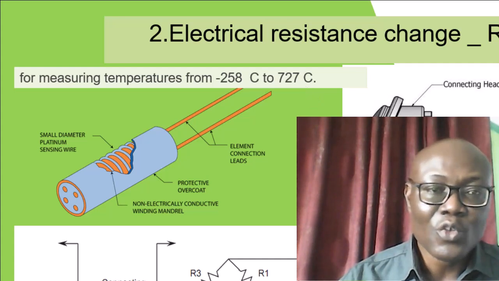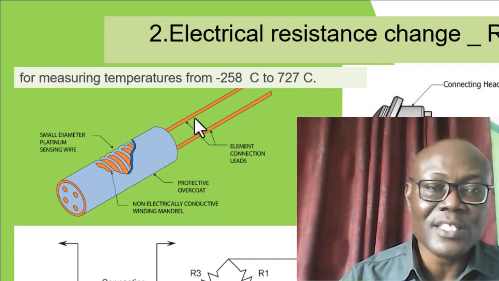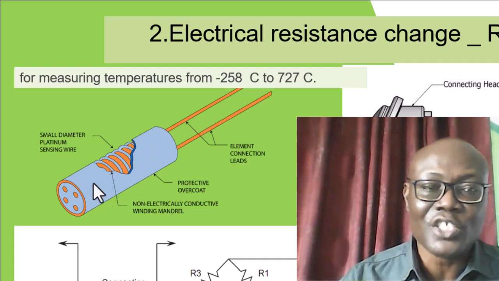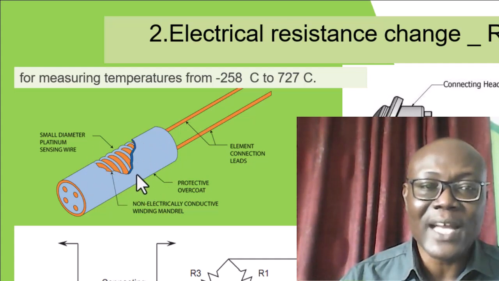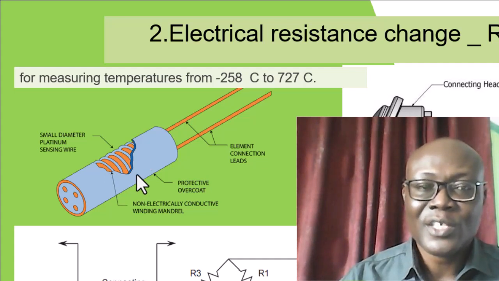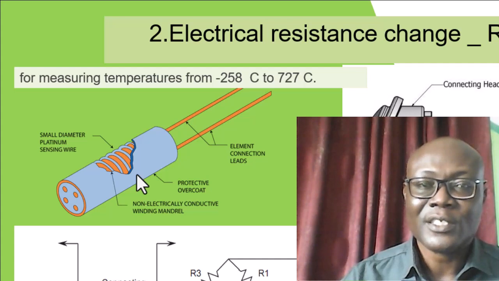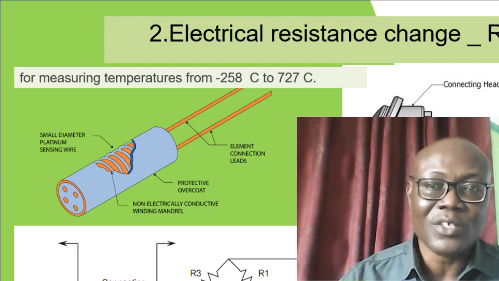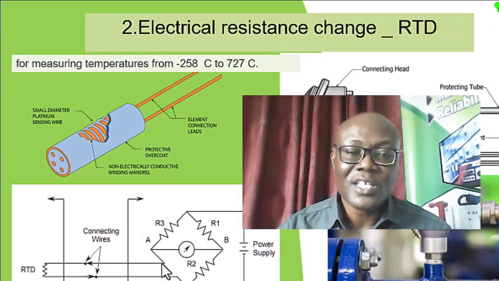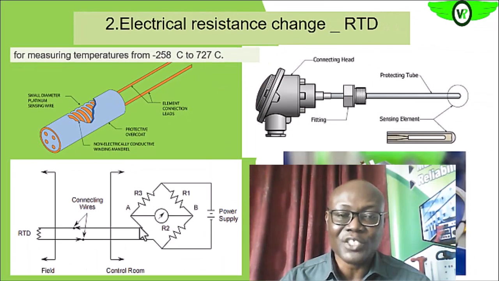Okay, so here, since the resistance is changing with temperature, how do we harness this variation to give us a representation of the temperature of the process that we are looking at? So you see that the RTD, or the resistance temperature detector, is connected to a Wheatstone bridge.